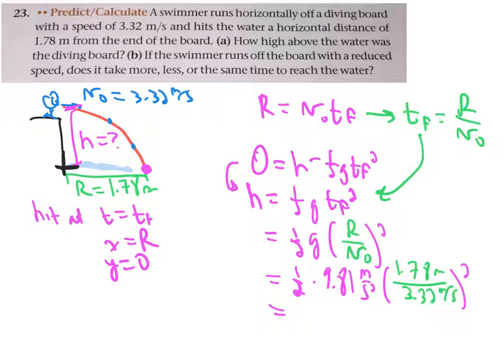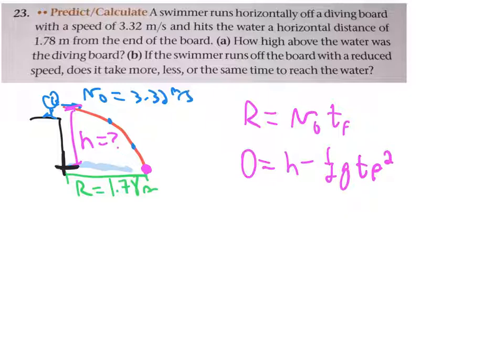And that comes out to be 1.41 meters. Quick check on units. I have meters per second squared, and here I have seconds squared when I do all the stuff inside. So I end up with meters as expected. So she ran off a diving board that was 1.41 meters high.